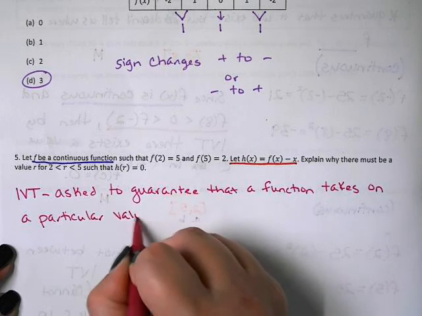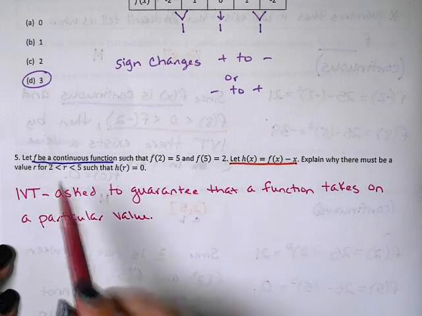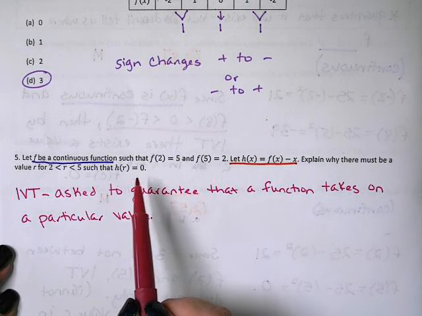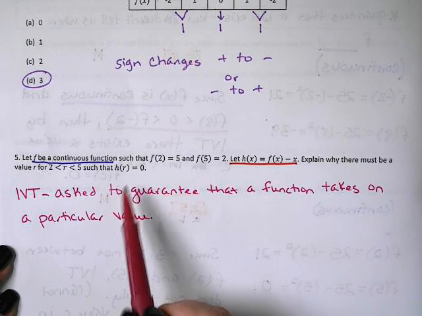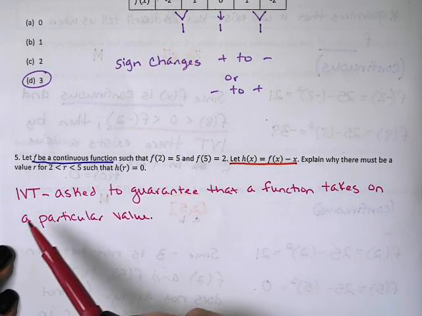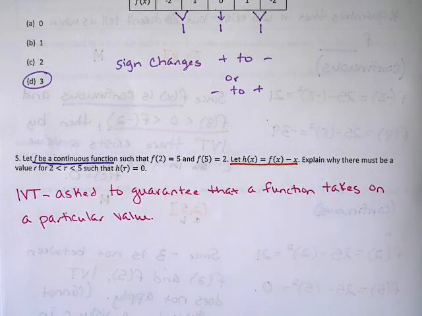So since we're asked to determine if there's this r inside of h of x, that h of r would equal 0, we're asking for a particular value. So we know that intermediate value theorem is going to be our friend here.